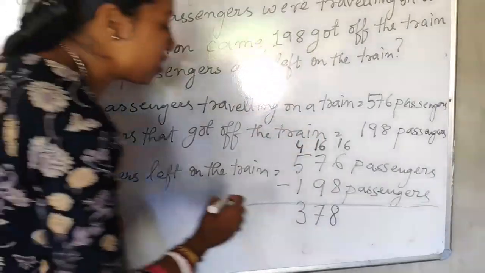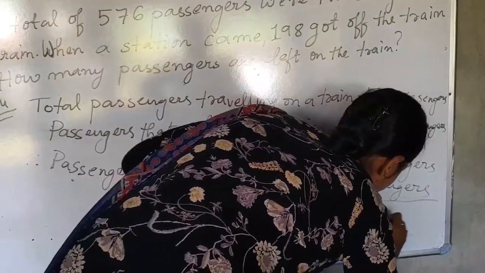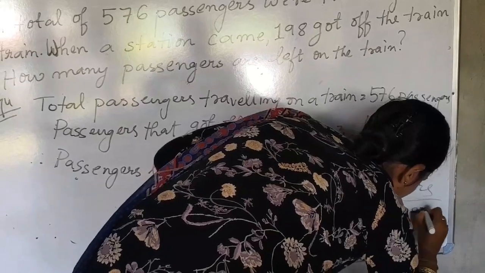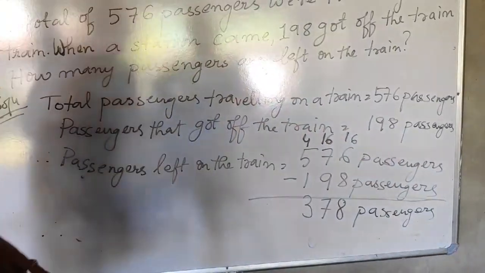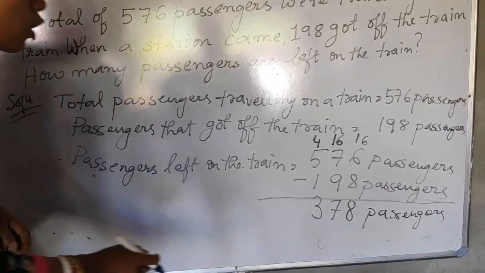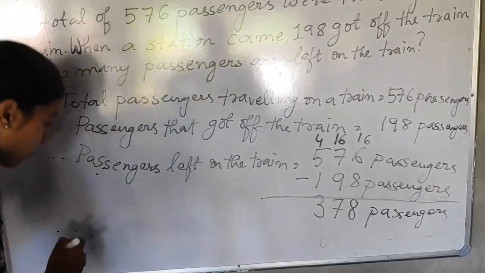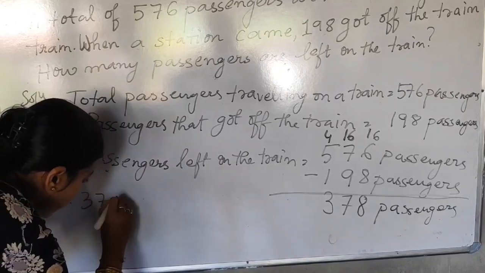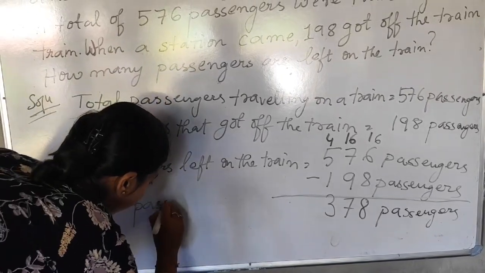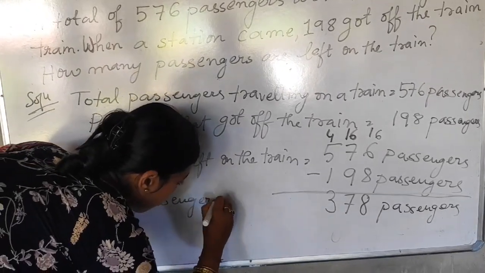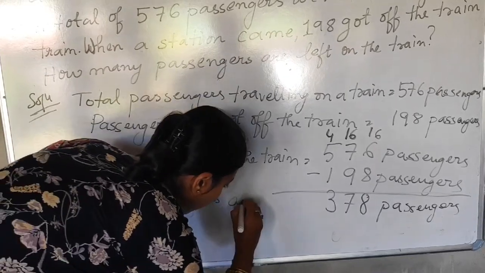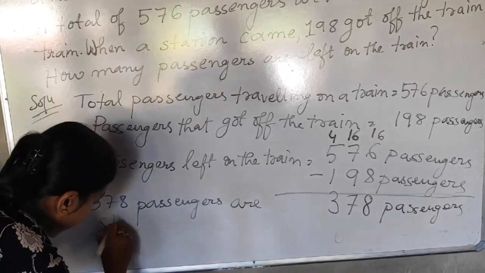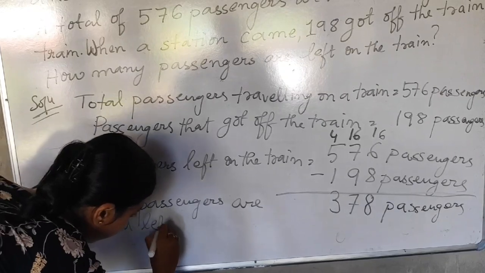So how many passengers are left on the train? 378. After 198 passengers get off the train, how many passengers are still left? 378 passengers. So you will write, therefore 378 passengers are still left on the train.